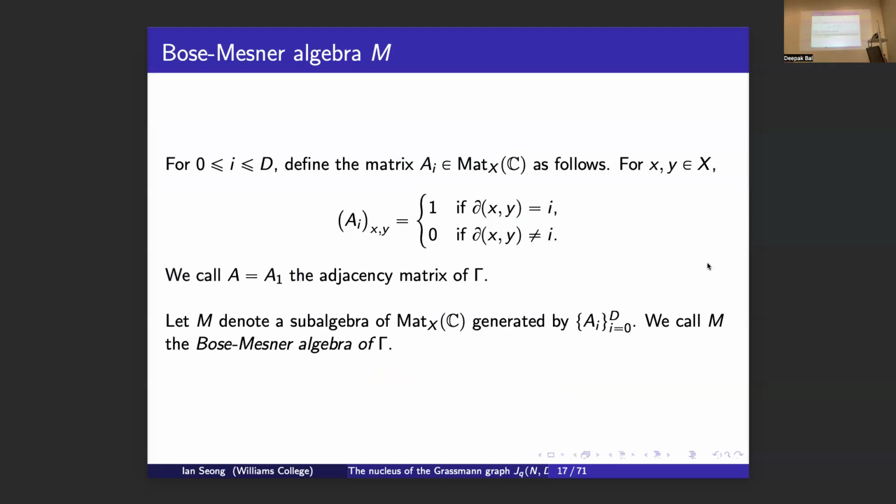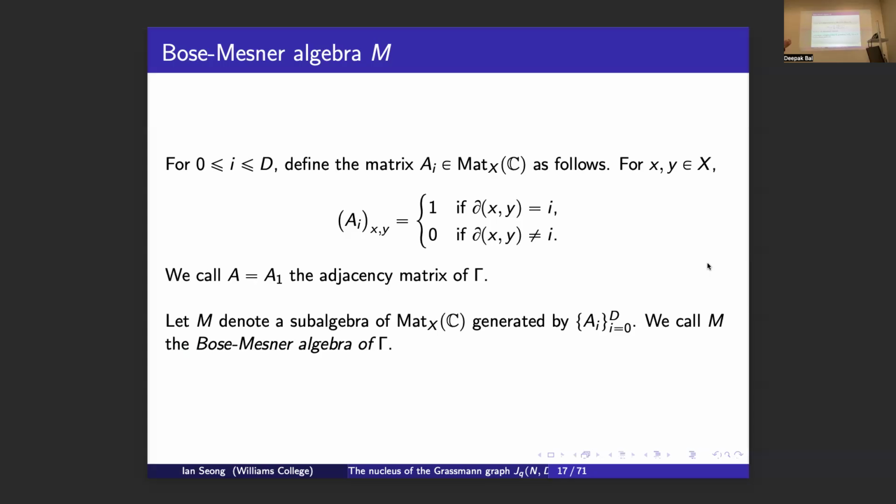Now we talk about a Bose-Mesner algebra M. This is a subalgebra inside Mat_X(C). We also call this an adjacency algebra, if that's more intuitive. For i between 0 and d, we define the matrix A_i as follows. For vertices x and y, the xy entry of A_i is 1 if the distance between x and y is i and 0 otherwise.